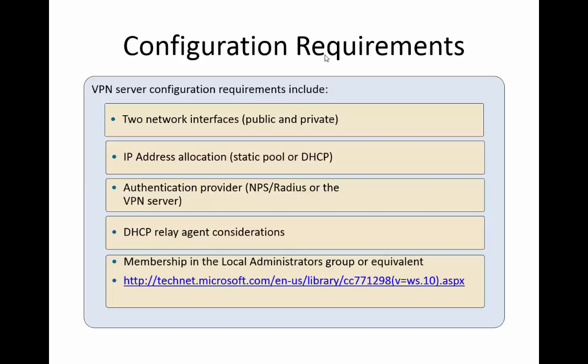The second network card is for receiving VPN connections. The first network card we already have. The second, we're going to add to our domain controller, step by step, and we will give it the network 10 IP scheme: 10.0.0.1, 10.0.0.2, 10.0.0.3.